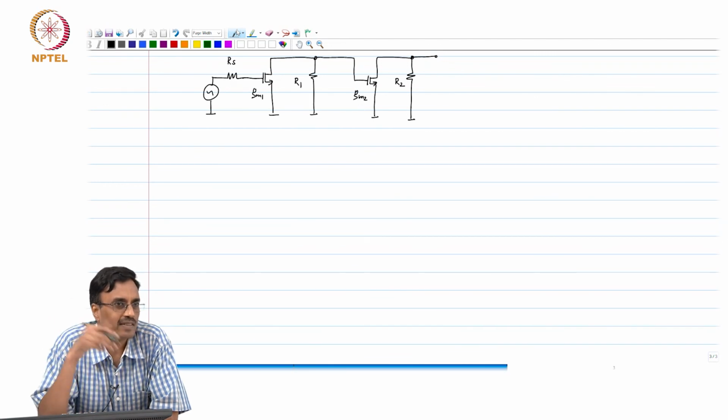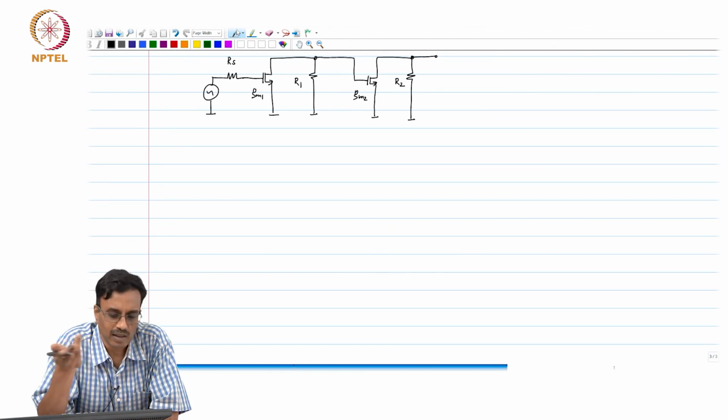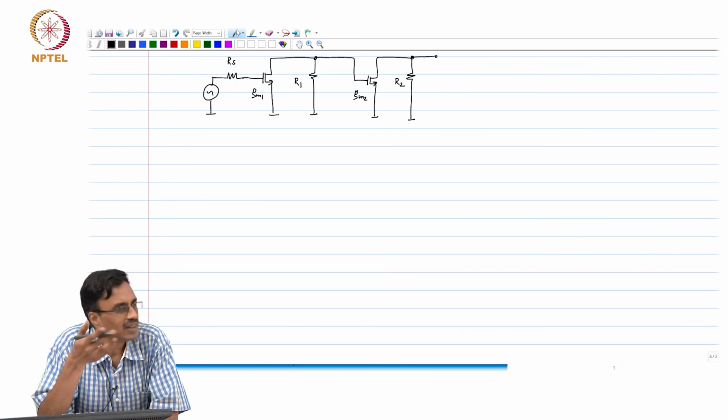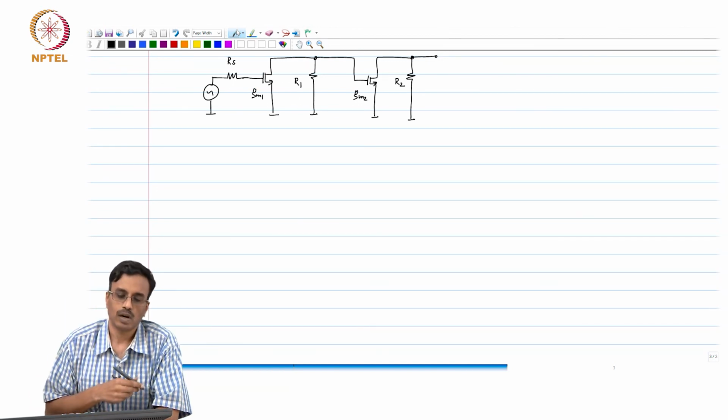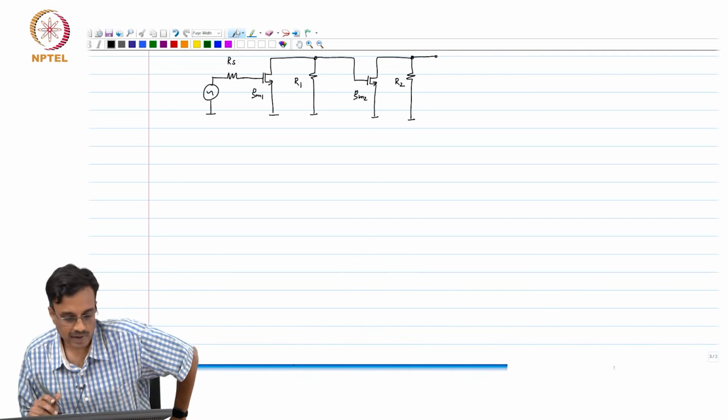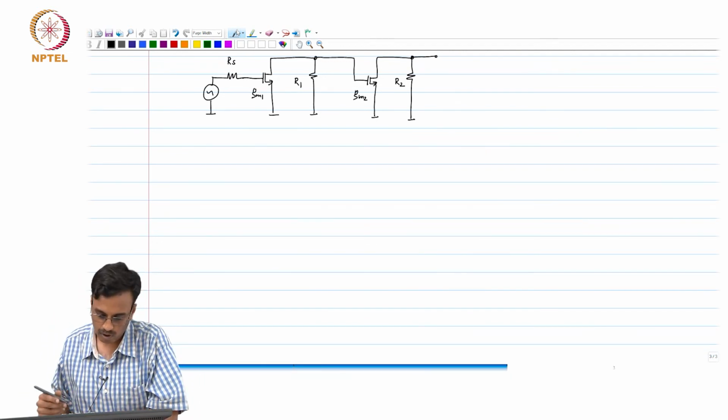So wherever you see a gain, you replace it with a transfer function, and therefore in general the noise factor is a function of frequency, because gain is a function of frequency, all right. So that basically is all I had to say about noise factor.